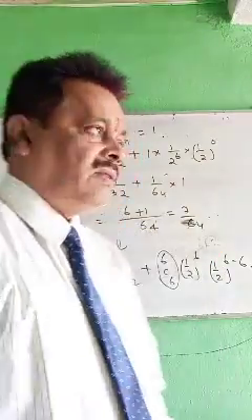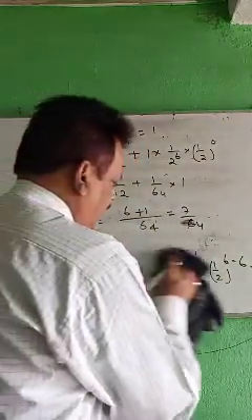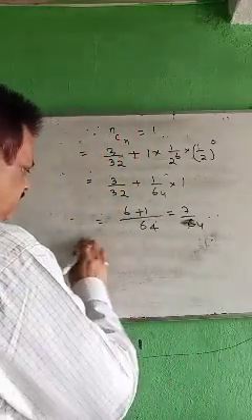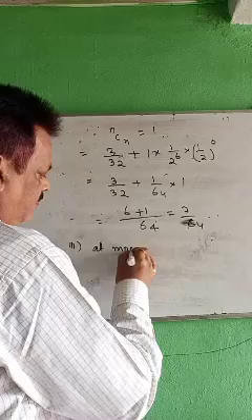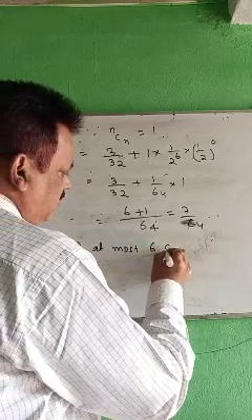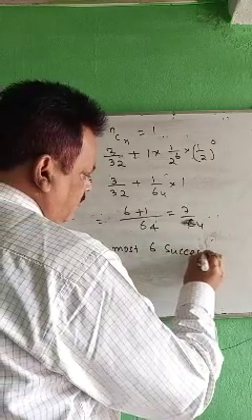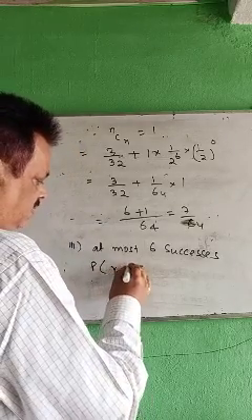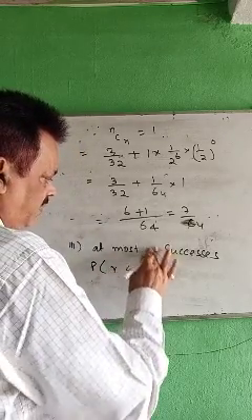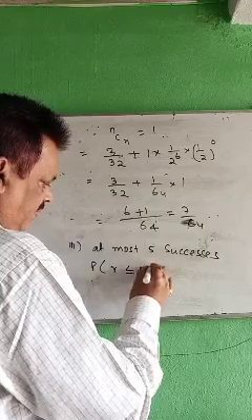Then comes at most, which is very important for us, the third part. At most 5 successes means probability R is less than or equal to 5.